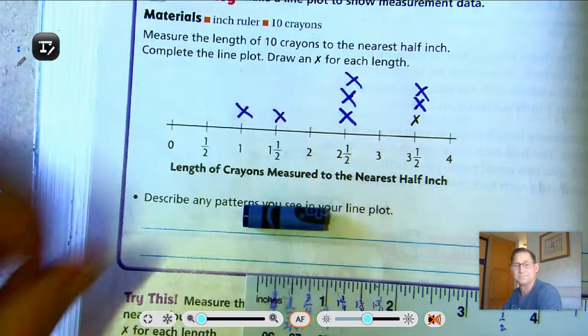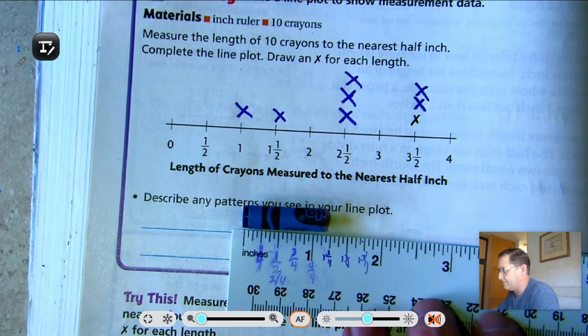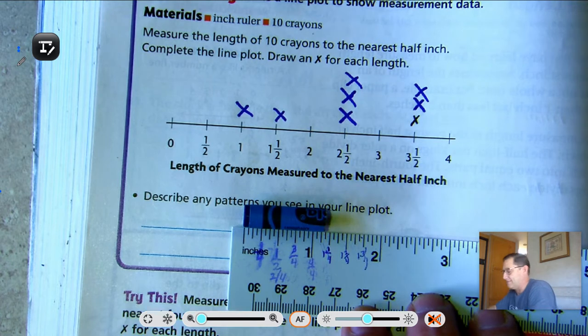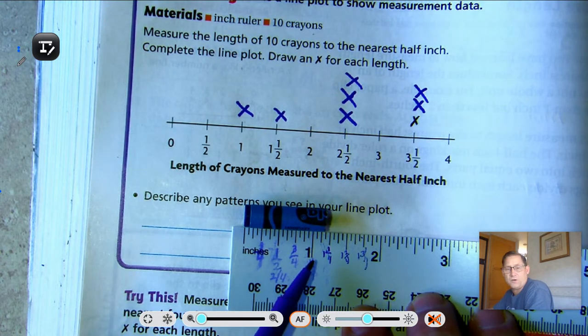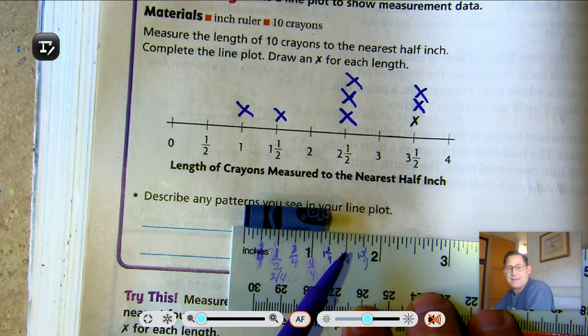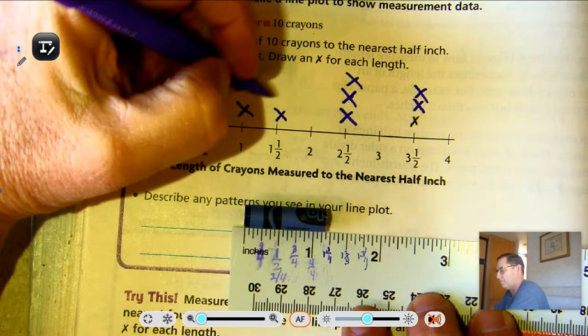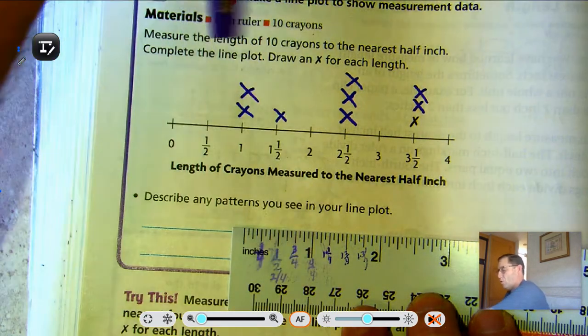A little one here. Line the end of the crayon up with 0, and let's see where it ends. It's past the 1 inch mark, and here's the 1.5 inch mark. So that's closer to the 1 than it is to 1.5. So I'm going to put an X at 1.